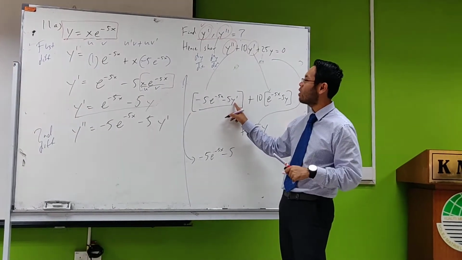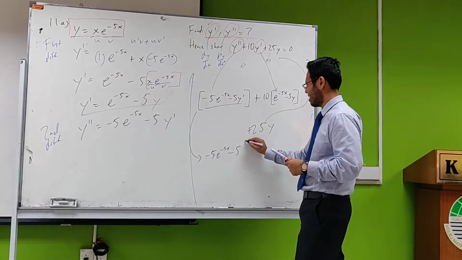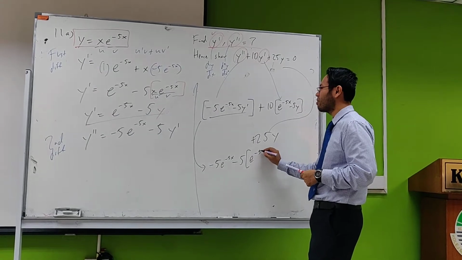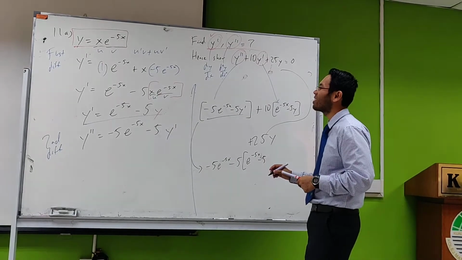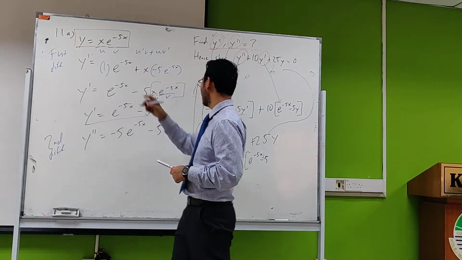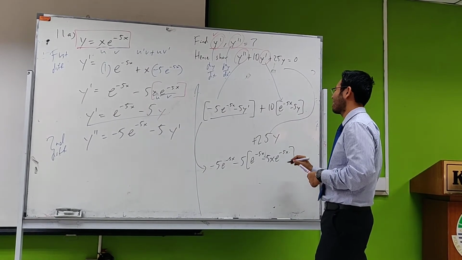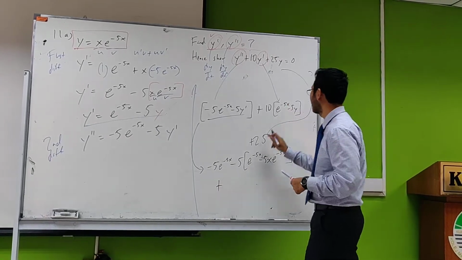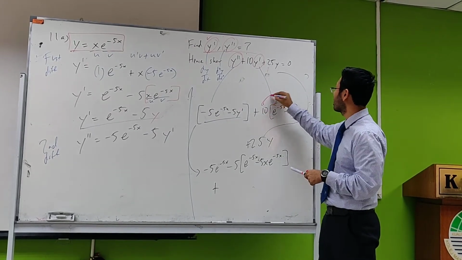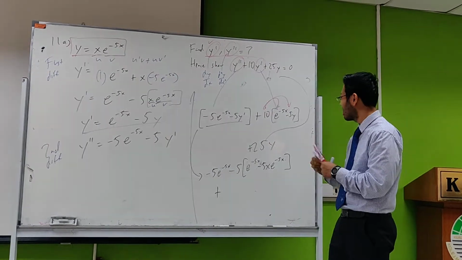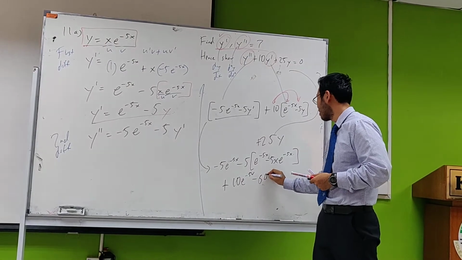Negative 5. Y prime is what? Okay. e to the negative 5x minus 5. Y is what? x e to the negative 5x plus, you can put them in, and e to the negative 5x minus 50.